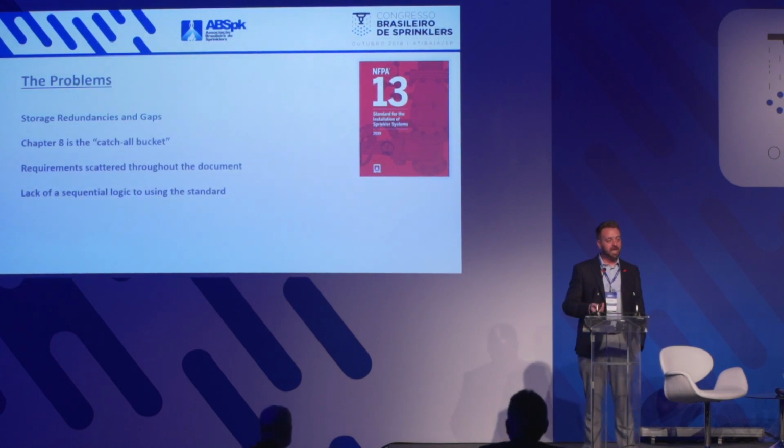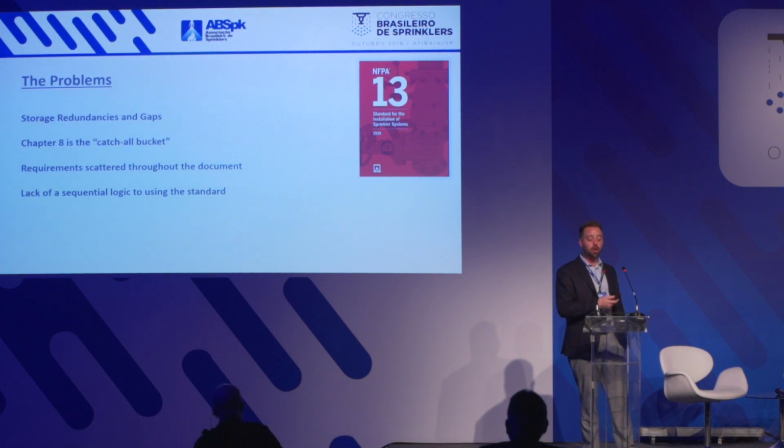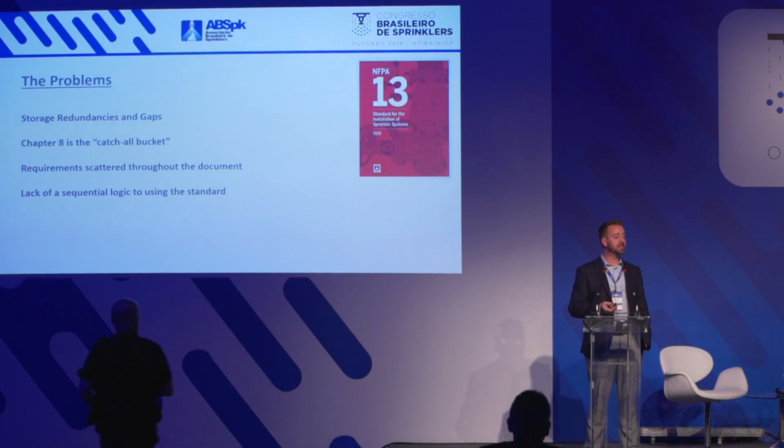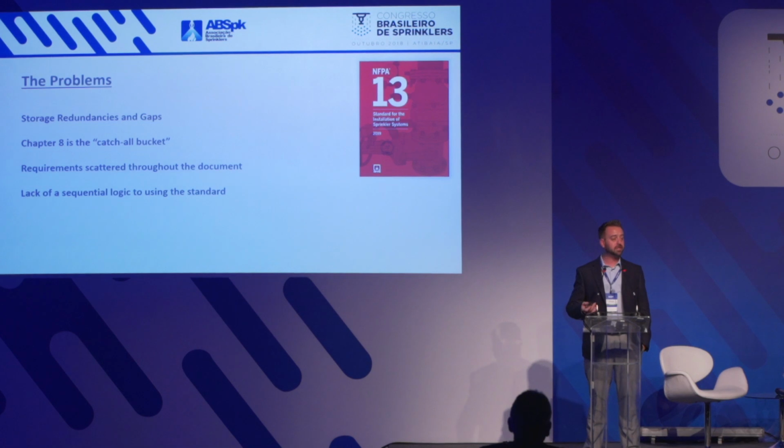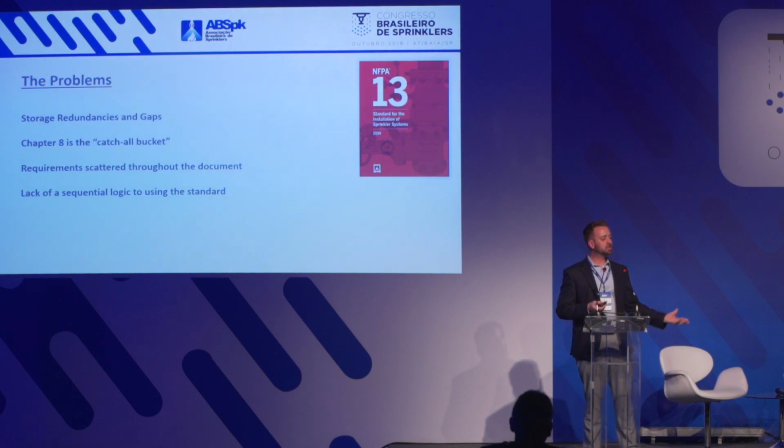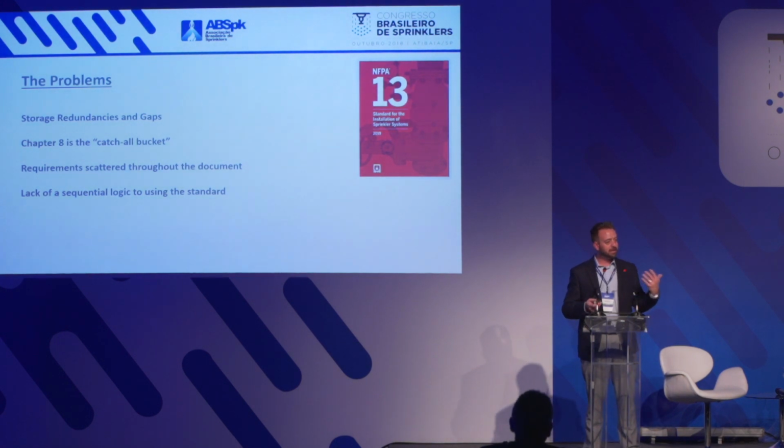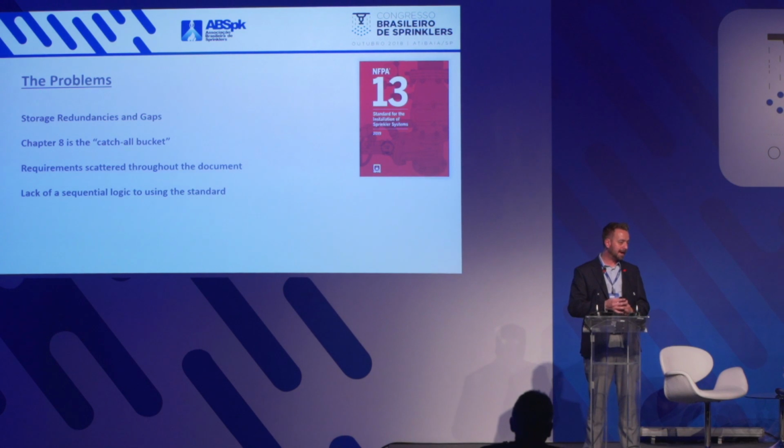So some of the problems that existed in the way that it was formatted before were redundancies of storage as well as some gaps. It was very difficult to find information at times. Chapter 8 was where everything was thrown. It was your catch-all bucket for different obstructions, sprinklers. You had pilot line detection in there.